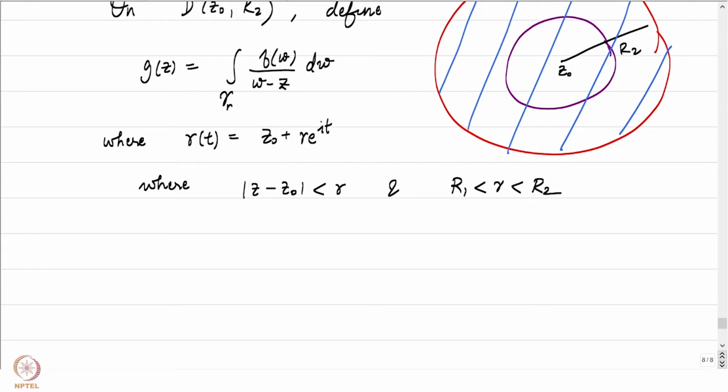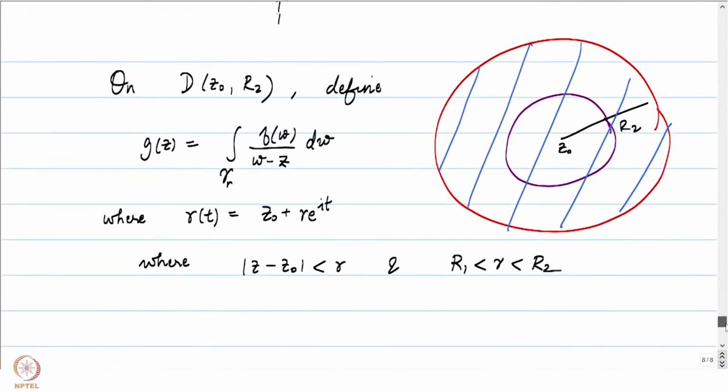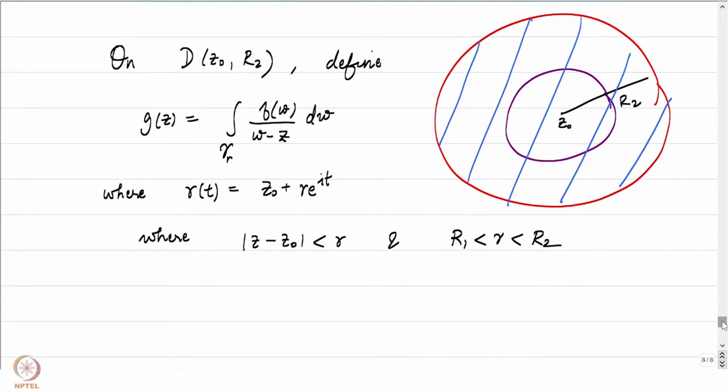So, let us spend a few seconds trying to understand what is happening here. What is our gamma of t? Suppose we take a point somewhere here, and let us call this z. What we are doing is, we are getting hold of gamma subscript r, which is being drawn by using the orange here. So, if our point z was somewhere here, then it did not matter, any r between capital R1 and capital R2 would have worked.